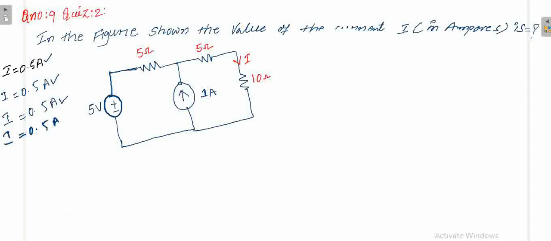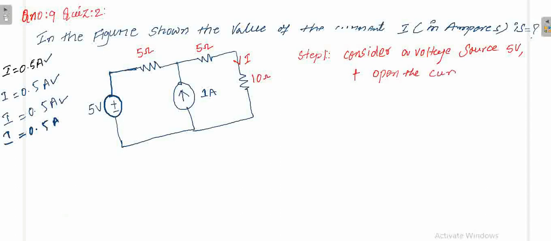So step 1 is consider the voltage source, 5 volts, and open the current source, because if it is a current source we have to open the current source.